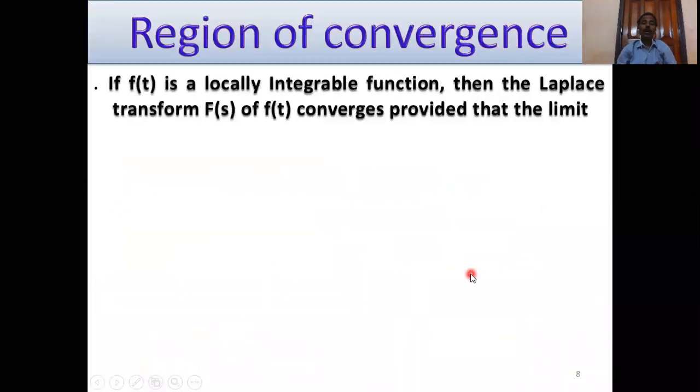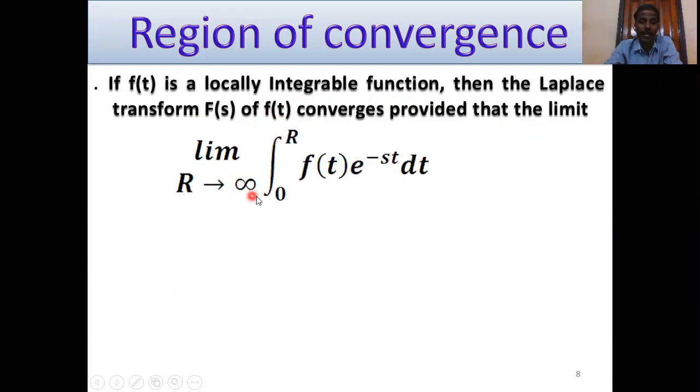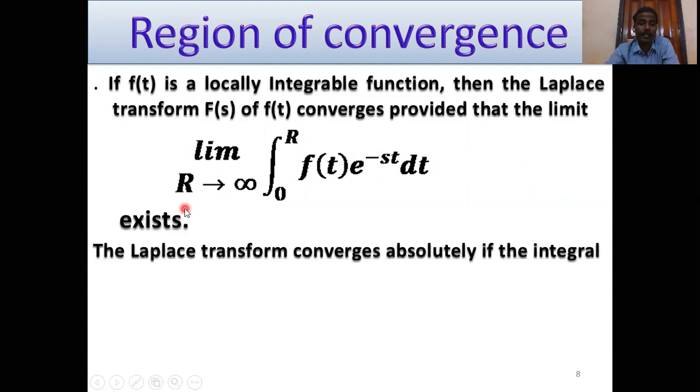Then the region of convergence. If f(t) is a locally integrable function, then the Laplace transform F(s) of f(t) converges provided that the limit as r tends to infinity of the integral from 0 to r of f(t) e to the power minus st dt exists. This is the formula for the region of convergence. As r tends to infinity, that means 0 to infinity of f(t) e to the power minus st dt, where s equals sigma plus j omega, exists.